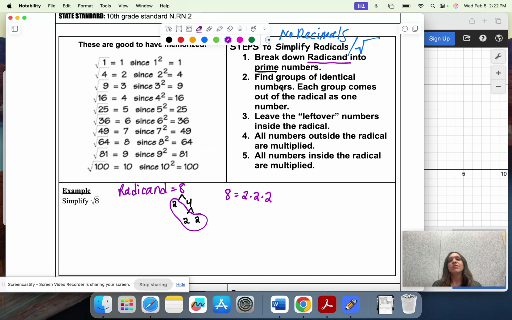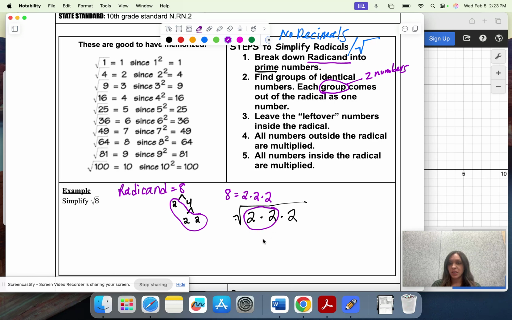Okay, step 2, find groups of identical numbers. Each group comes out of the radical as one number. So I'm going to rewrite my square root of 8, and instead of 8, I'm going to do 2 times 2 times 2. And it says find identical numbers. These are all identical. Each group, so our group is 2 numbers because we're looking at perfect squares.